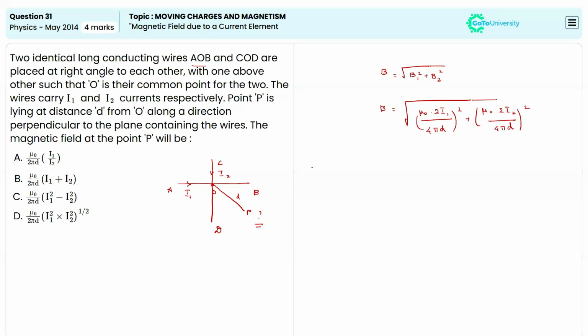When we simplify this, we get the net magnetic field equal to mu naught divided by 2 pi d times (I1 plus I2). So the correct answer for this question is option B.